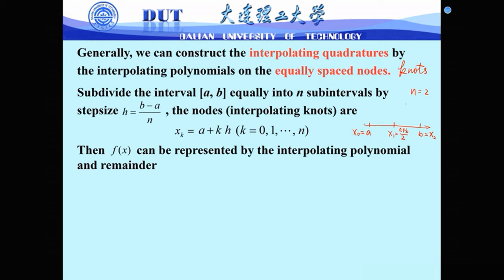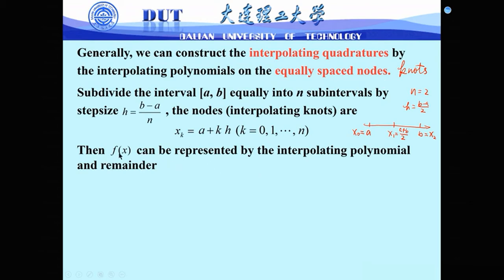So h is the step size (b minus a) over 2. Of course, if n is 3, then we use x0, x1, x2, and x3, and so on. These are equally spaced nodes.